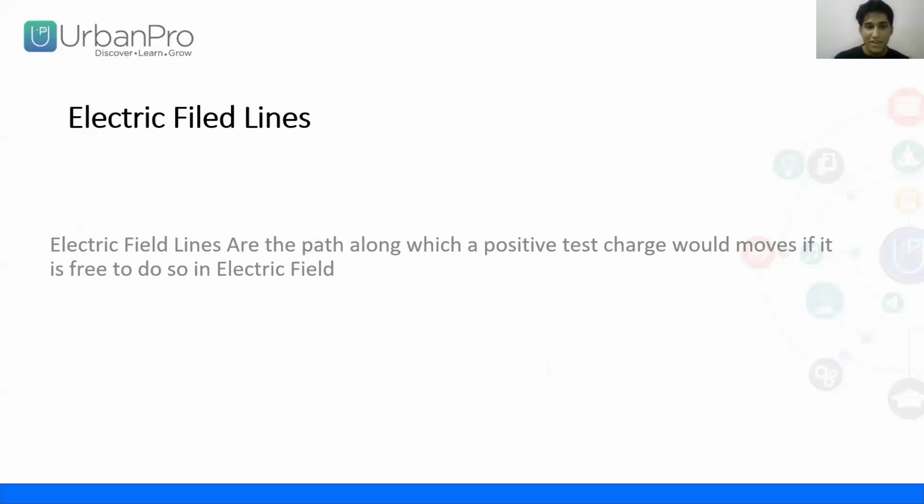These are the lines, or the paths, along which a positive test charge is free to move in an electric field. So these are the lines of the electric field.